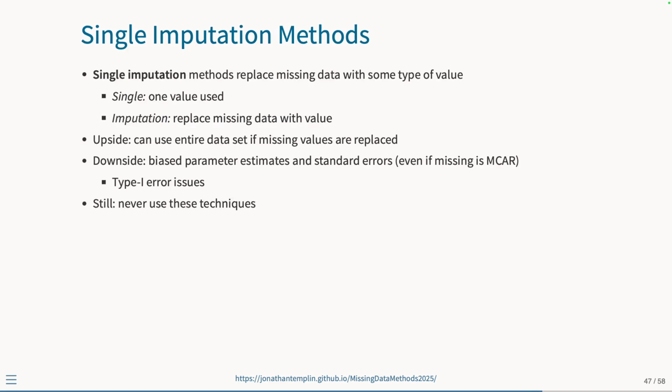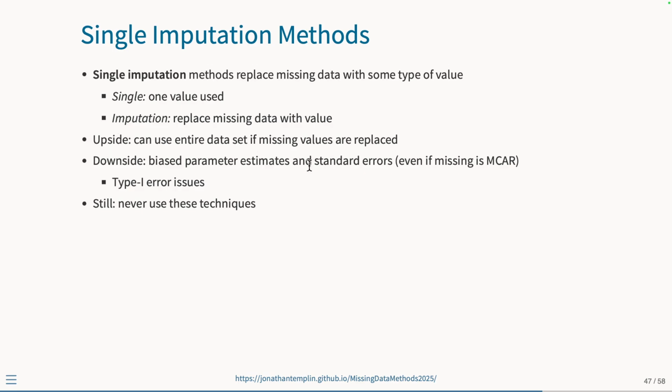Okay, single imputation methods are also bad, right? Single imputation means you have a data set and you're just going to make it complete, one way or the other. The nice part is you can use your full data set. The downside is that by the method you choose to complete your data set, you may inadvertently bias your parameter estimates.